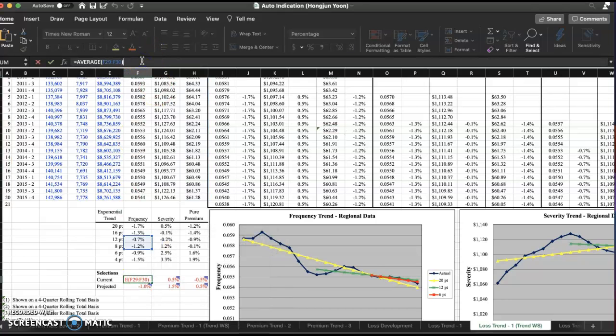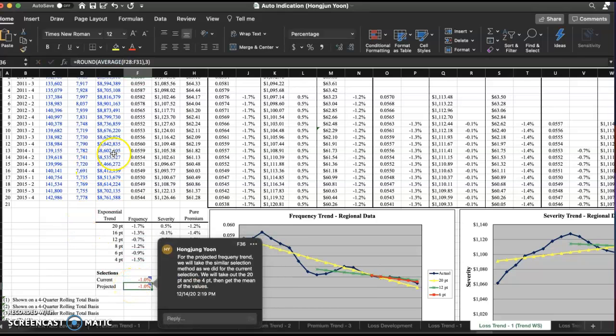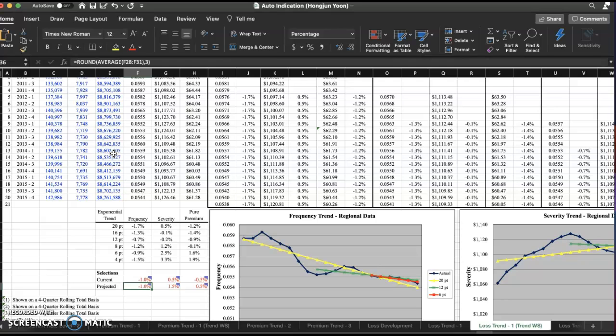For the projected ones though, I used the average from 16 point to 6 point for frequency and got rid of the minimum outlier for the severity.